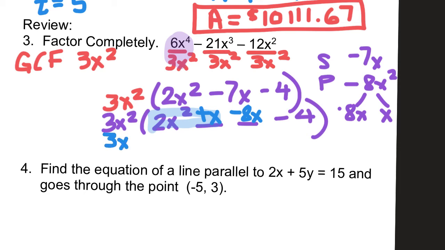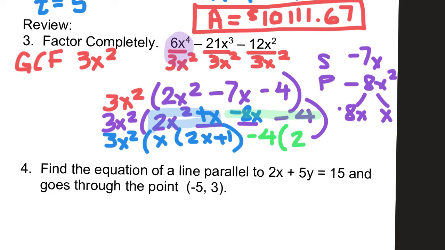So don't forget your 3x squared. They have an x in common, and that would leave us with 2x plus 1. Next, we'll look at the next two factors. They have in common a negative number, negative 4, and that would leave us with 2x plus 1.